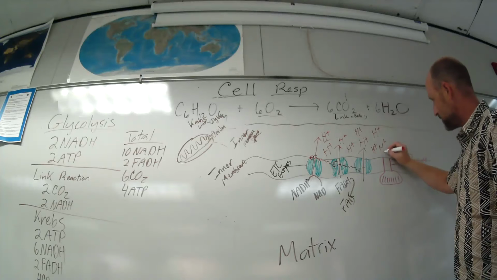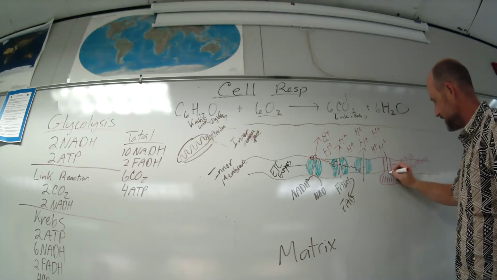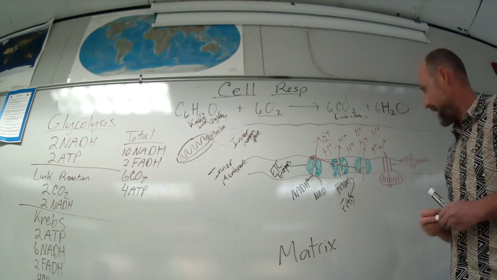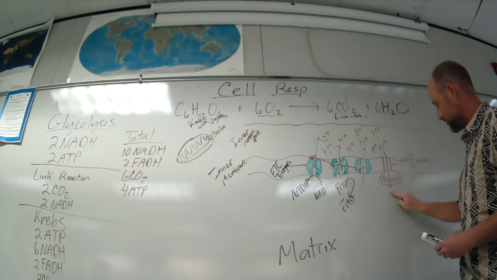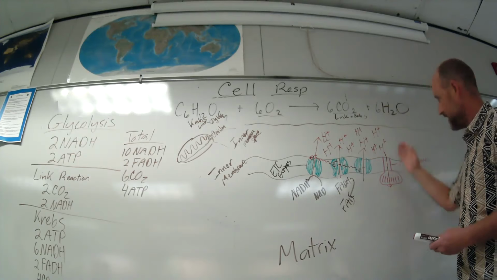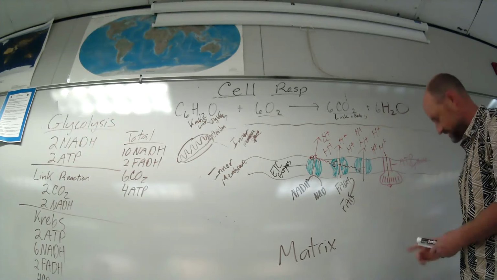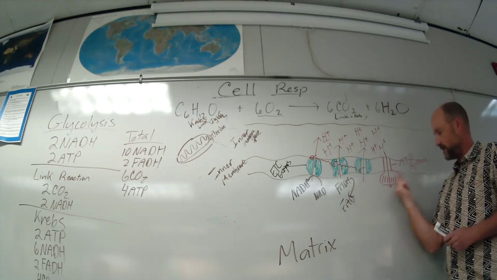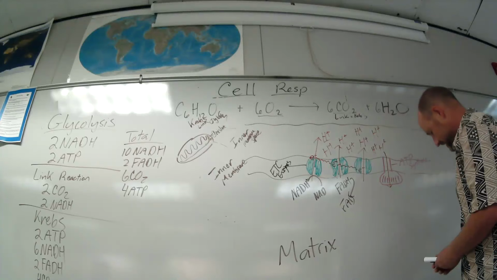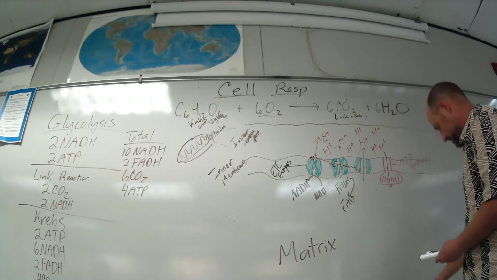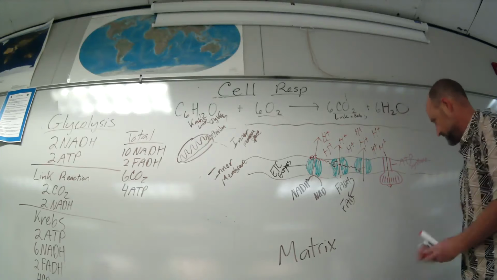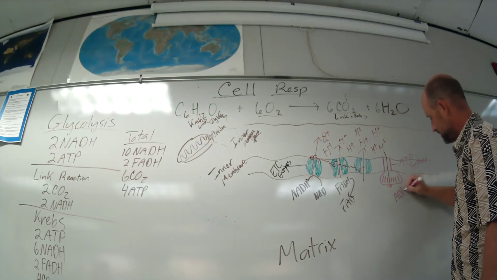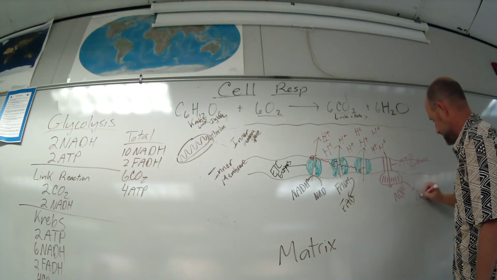They're going to be allowed to come back across the gradient through ATP synthase. The power from the hydrogen coming through ATP synthase, the energy created by this proton gradient, is going to cause this ATP synthase to spin a little bit, and it is going to then phosphorylate an ADP to ATP.